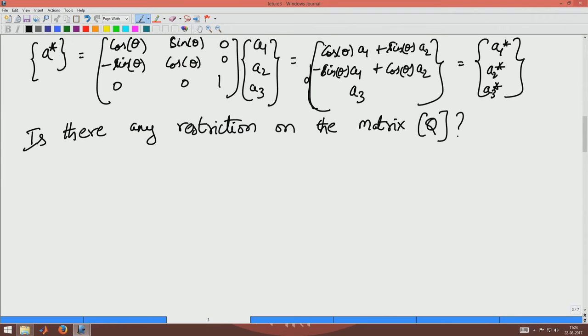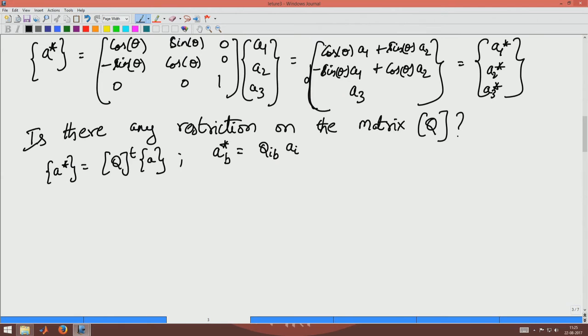So, basically we had that A star is Q transpose A, right. This is the equation we got in matrix multiplication terms. This is what it is. In component terms, you had A_b star as Q_ib A_i, okay.